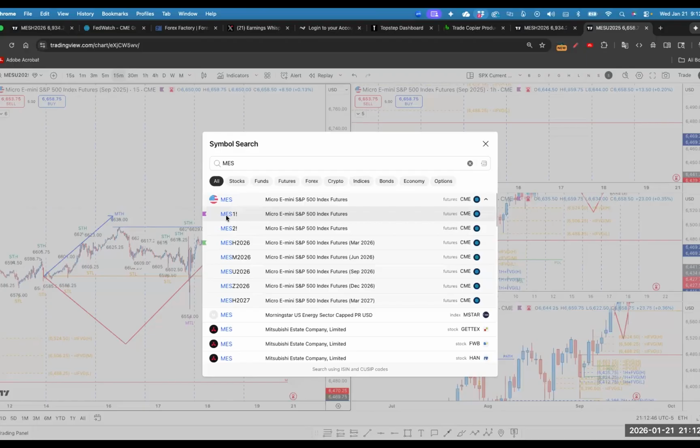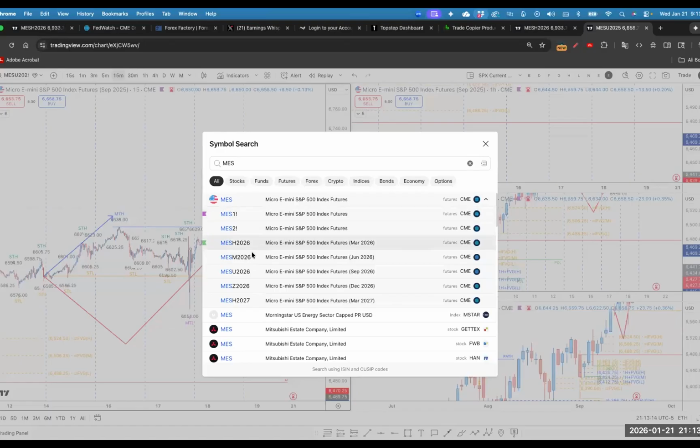A lot of times what I used to do is I would always mark up the continuing contract, just so I don't have to keep marking up the different contracts as they change over. I would always use the continuing contract one.